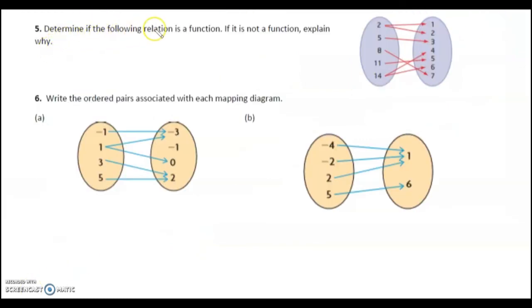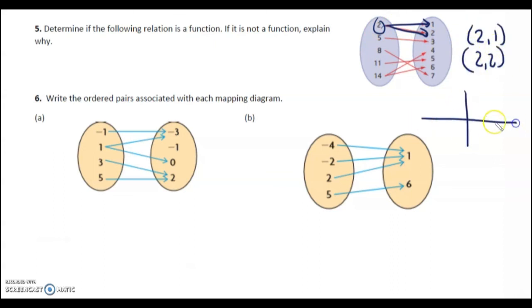Number 5, determine if the following relation is a function. If it's not a function, explain why. Okay, so as soon as we see that 2 maps onto 1 and 2 maps onto 2, we know that we have the points (2, 1) and (2, 2). In other words, on a graph, it would be 2 and 1, and it would be 2 and 2. So this would fail the vertical line test. Okay.